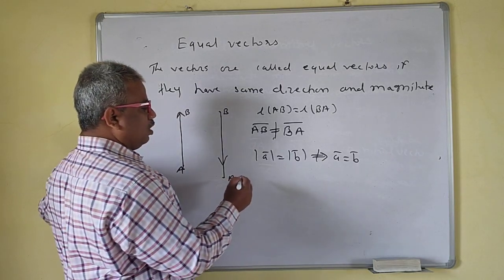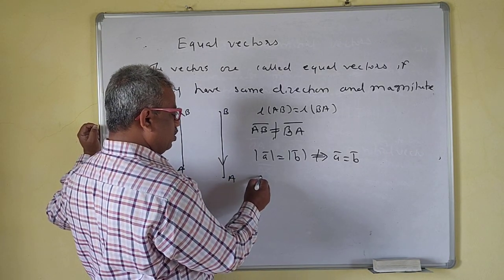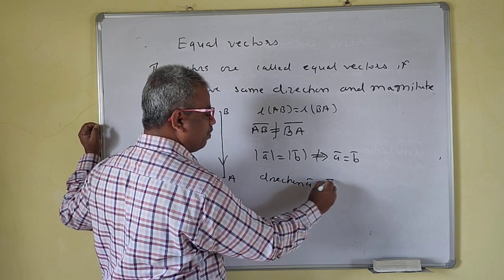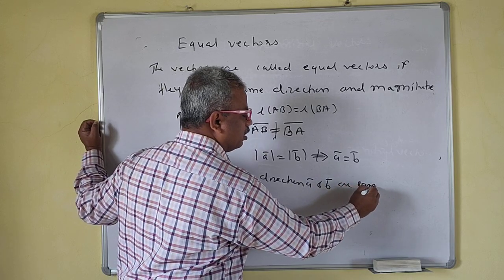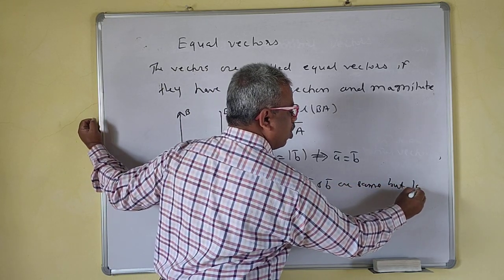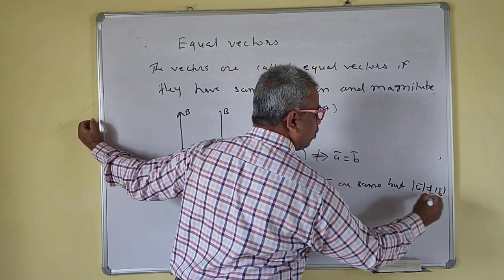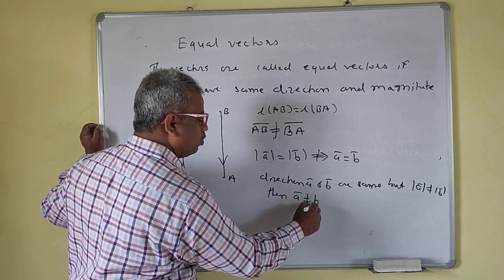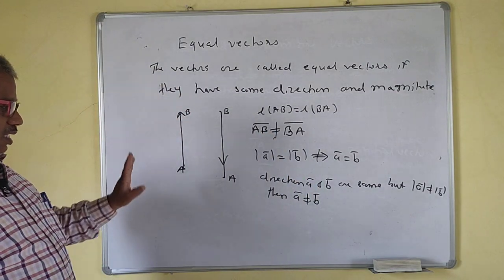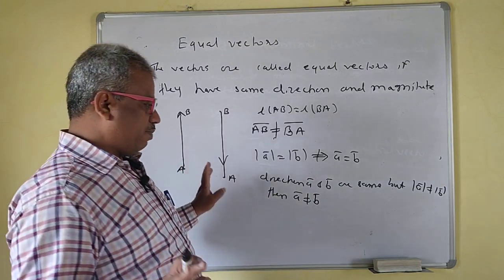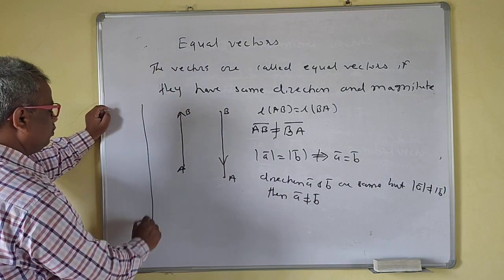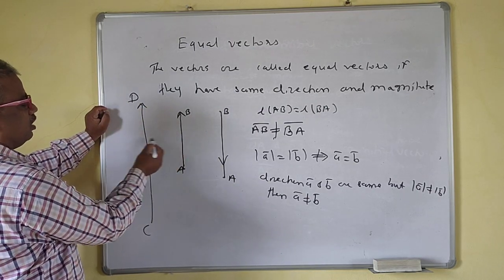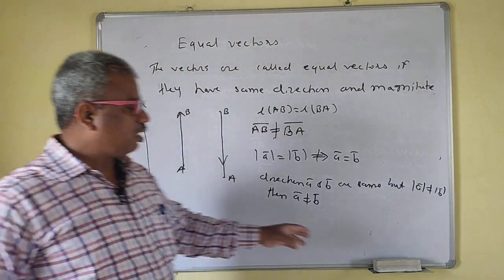Also, if the direction of A bar and B bar are same, but mod of A bar is not equal to mod of B bar, then A bar is not equal to B bar, right? Their direction is same, but magnitude is not same. Suppose I have drawn this, this is C and this is D. These vectors have the same direction, but they are not equal vectors.